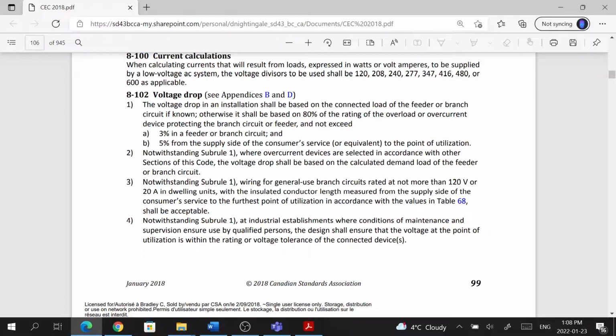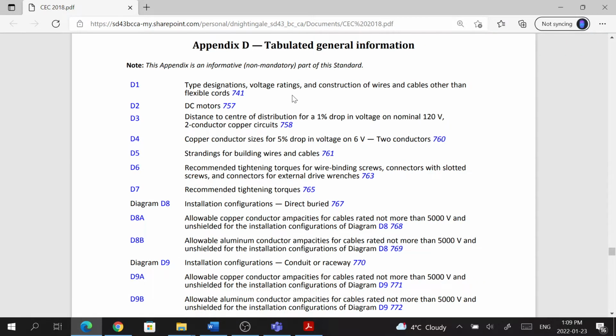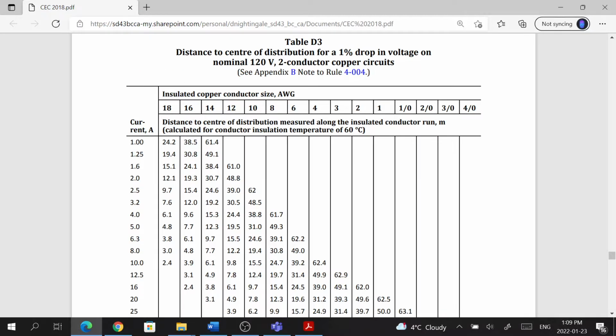All right, so the way that we calculate that is we got to go to Appendix D, and we're going to use Appendix D3.